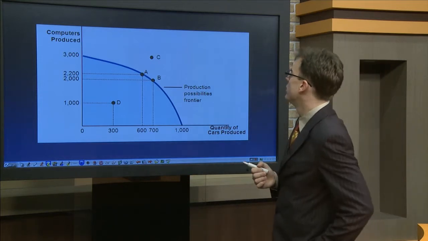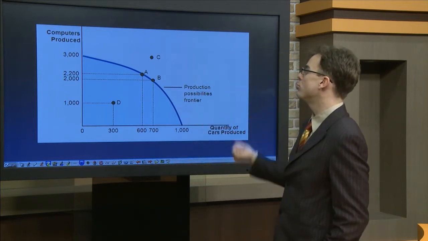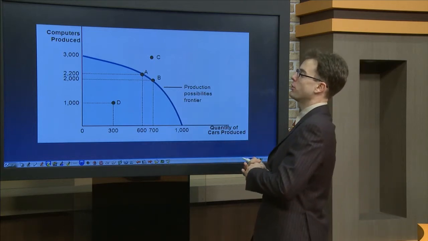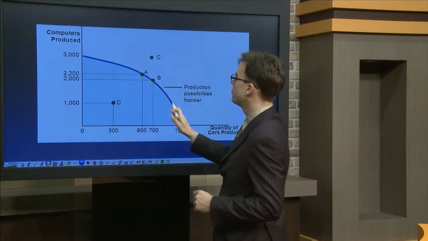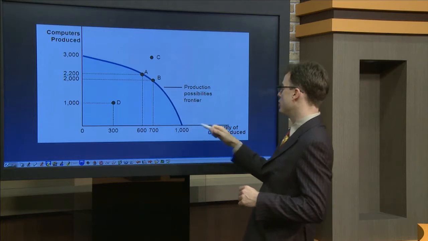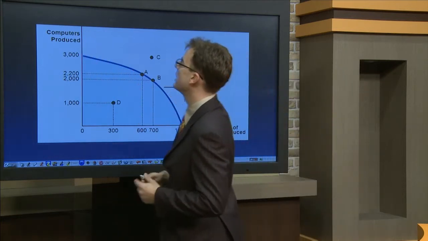This graph shows us that with a particular amount of inputs and with a particular technology used in production, there is a certain trade-off that the economy can make between the production of, let's say, cars and, let's say, computers.